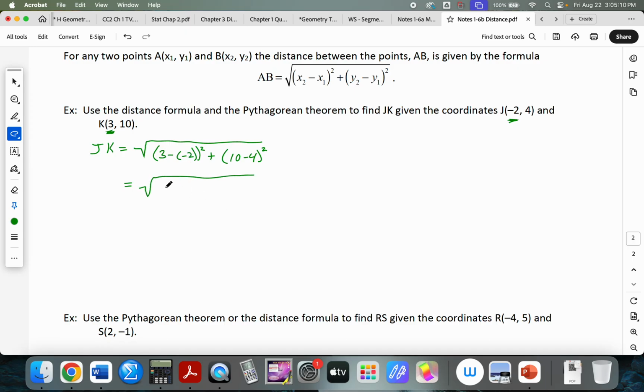Three minus negative 2 is 5. 10 minus 4 is 6. This will be the square root of 25 plus 36. It's the square root of 61.